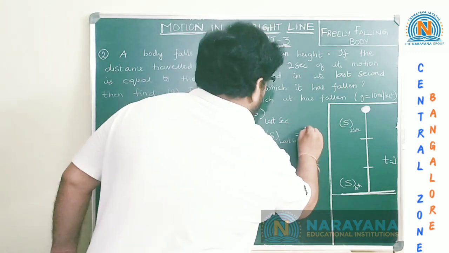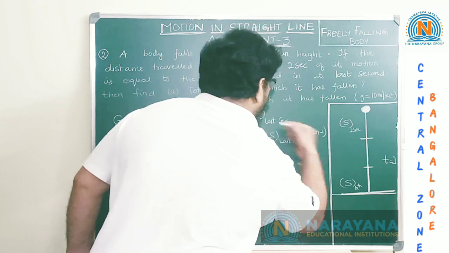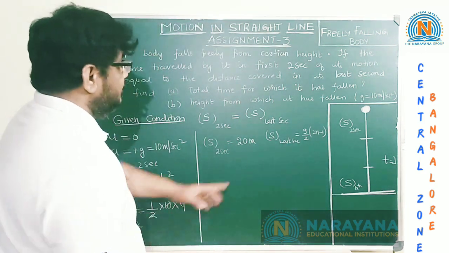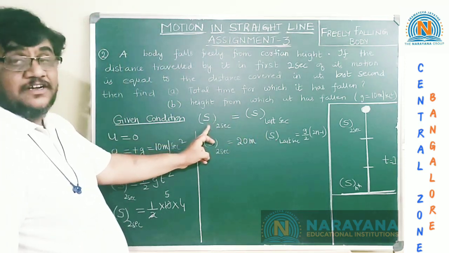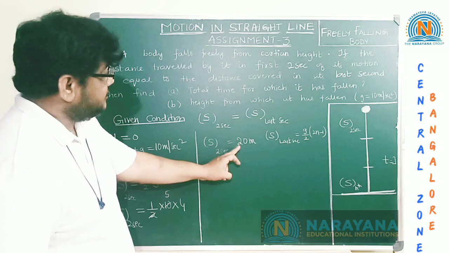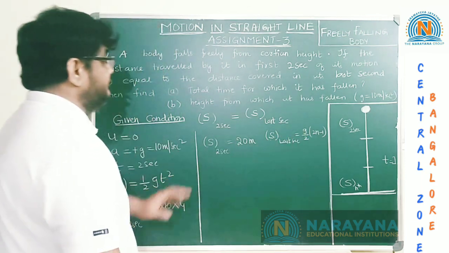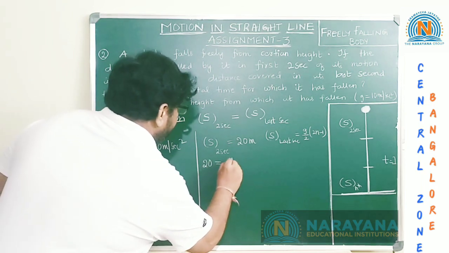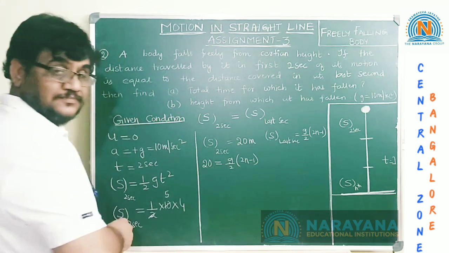Distance travelled in last second is equal to g by 2 into 2n minus 1. This is equal to the distance travelled in 2 seconds. You got 20 meters. So equate both of them. 20 is equal to g by 2 into 2n minus 1.